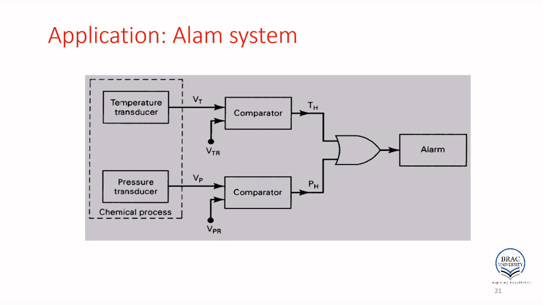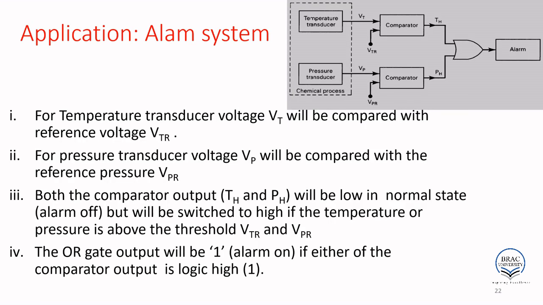When either of these values goes above the reference value, then the alarm will be activated, because either this one will be high or this one will be high. There is more explanation. For the temperature transducer, Vt will be compared to Vtr, and for the pressure transducer, Vp will be compared with Vpr.